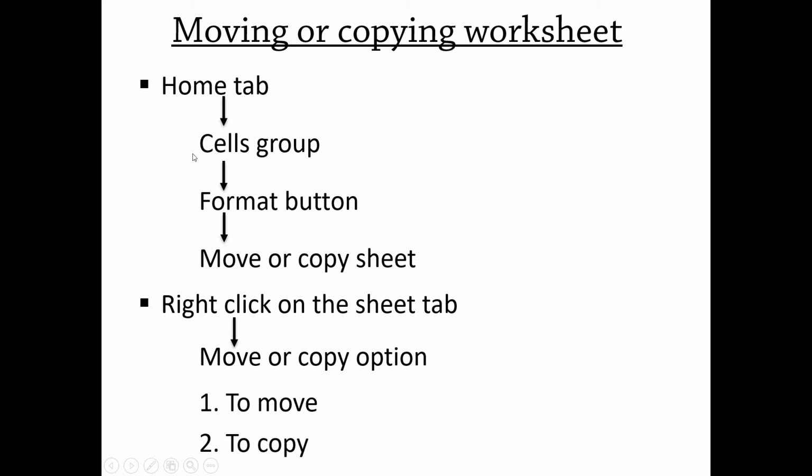Then under the Cells group, click on Format button and choose Move or Copy Sheet. Another method is right click on Sheet tab and select Move or Copy option. Here there are two operations. They are to move or to copy.